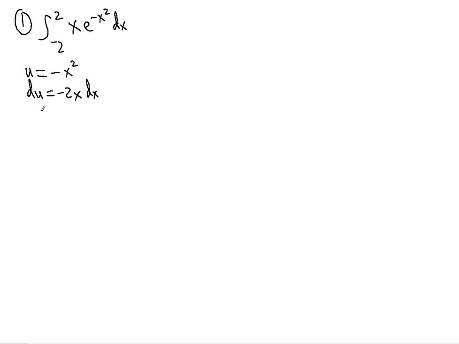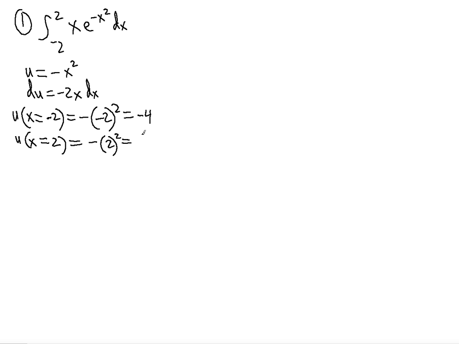So u as a function of x, when x is equal to -2, you will have negative 2 squared, which is -4, and u as a function of the upper limit, when x is equal to 2, is equal to negative 2 squared, so that's giving you also -4.